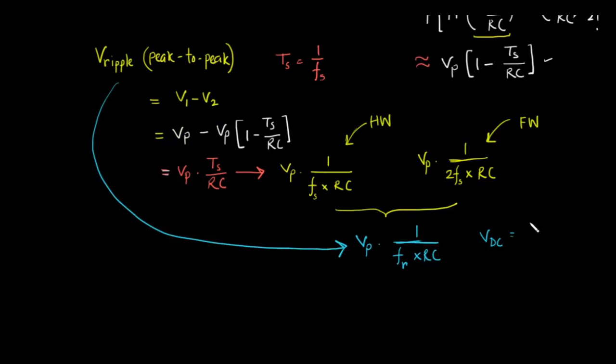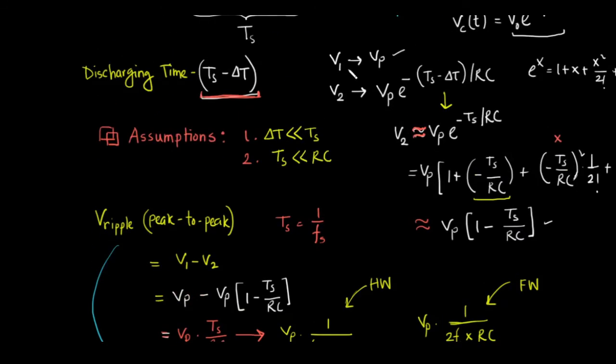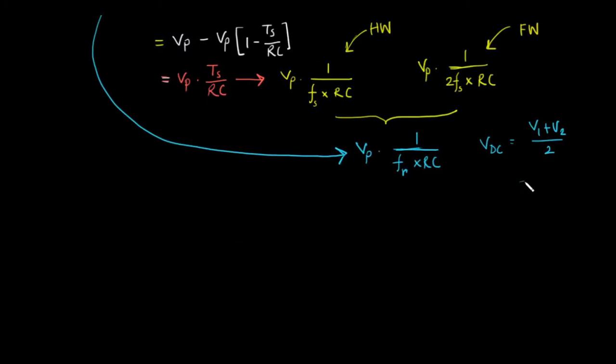So VDC would be V1 plus V2 by 2, and if you put in the value of V1 and V2 that we found earlier, you will get that this is equal to V1 minus VR by 2, as we found in the last lecture.